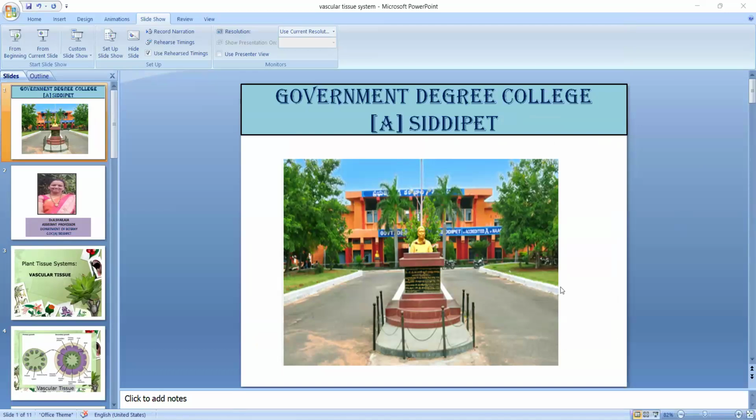Yes, Madam, you are audible. Screen is visible, sir, the PPT is. Respond, my dear friends. Screen is visible. Pooja, Narmada, Roja, Rakesh. Is the screen visible?